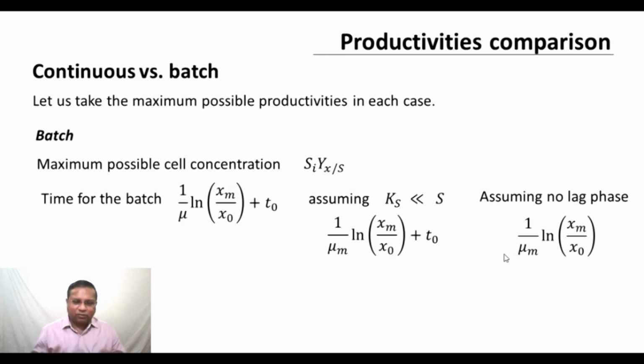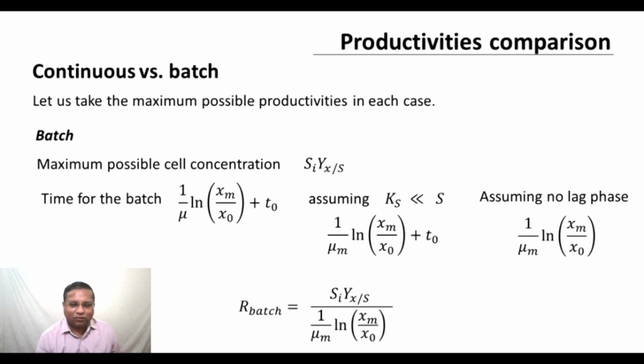I am doing all this to get an idea of the ratio of productivities. If the lag time is significant, you can always add that for comparison. I am trying to do that on a generic basis, so I am taking the simplest case that is possible, but which is still representative. So the productivity of batch is the maximum possible cell concentration Si Yxs divided by the time that it takes for the batch.